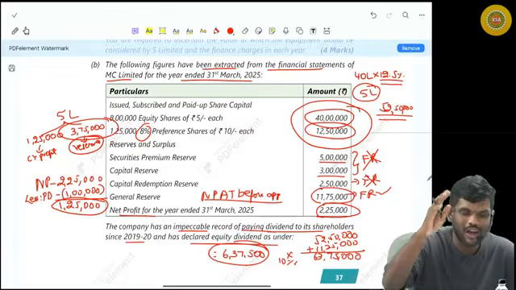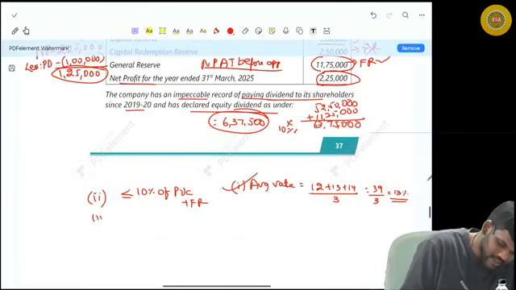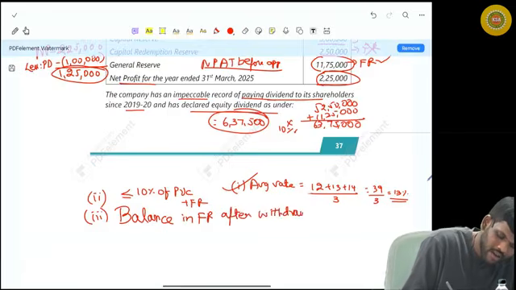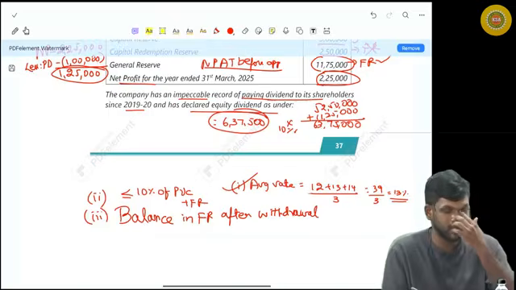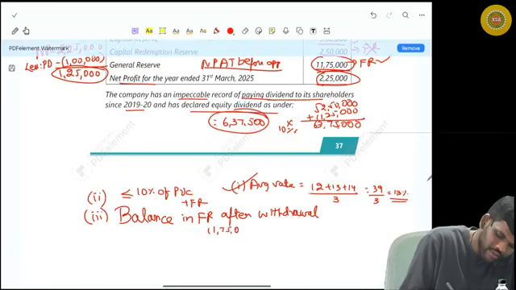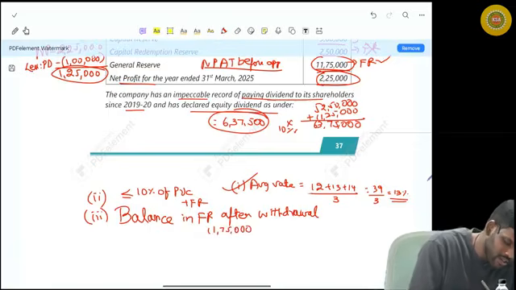Now let us go to the last condition. The third condition says the balance in free reserves after withdrawal. How much free reserve do we have? 11,75,000. From that, we want to withdraw 3,75,000.